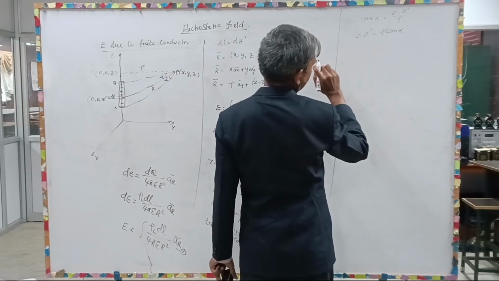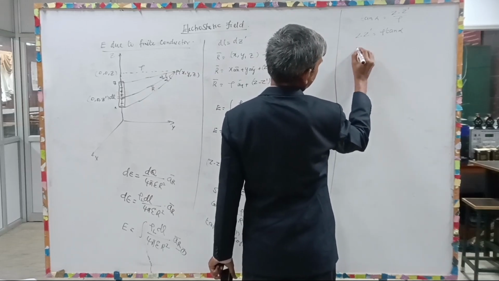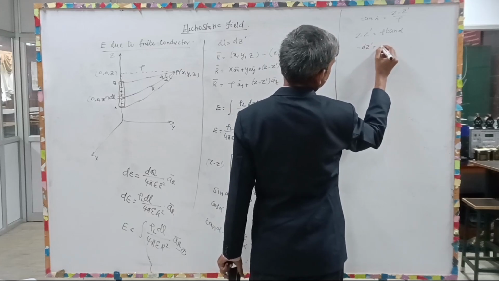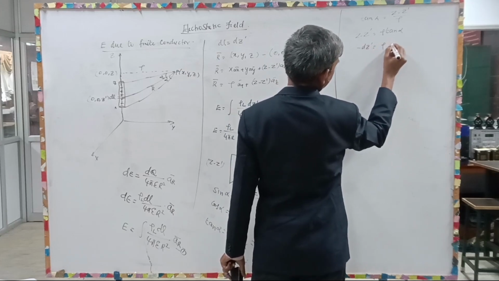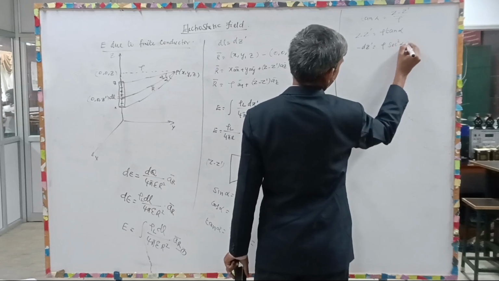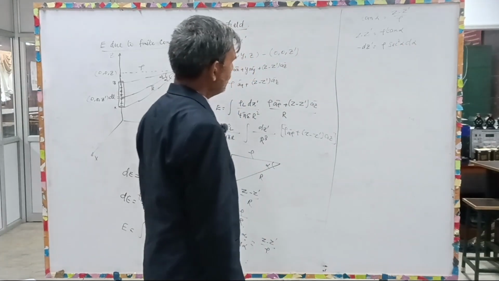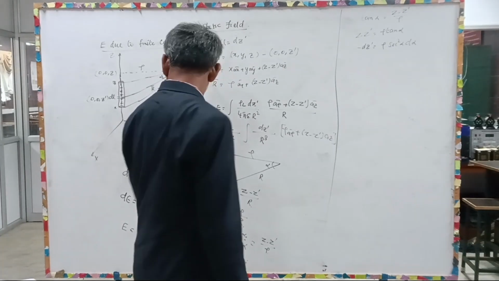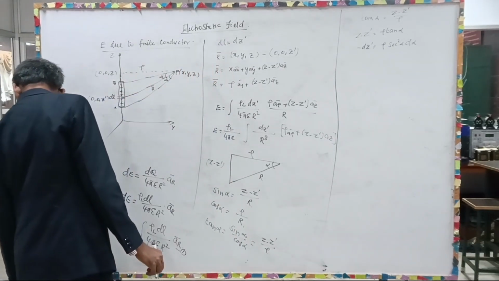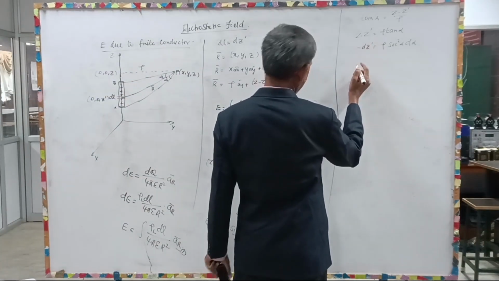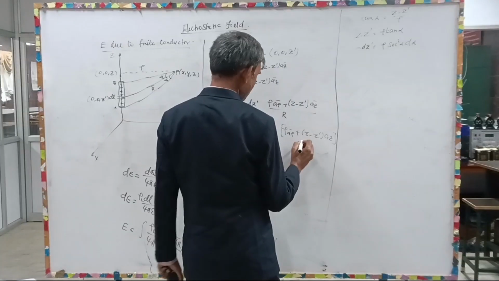You can take the differentiation on both sides. So minus dz dash is equal to rho into secant square alpha into d alpha. So here we are substituting.